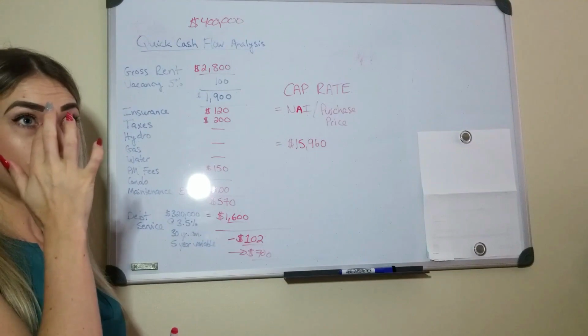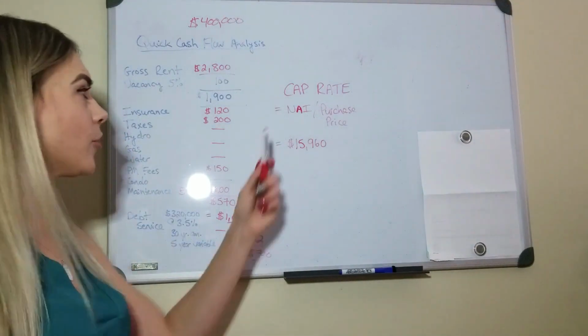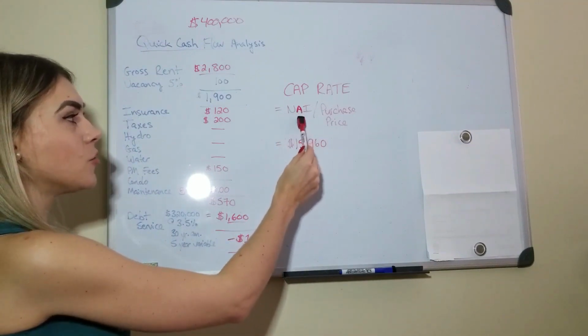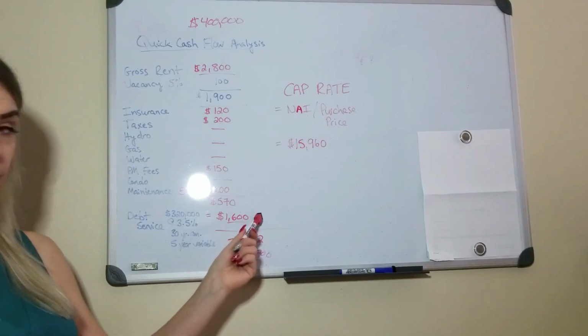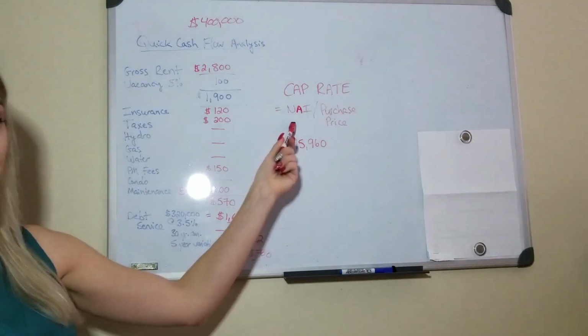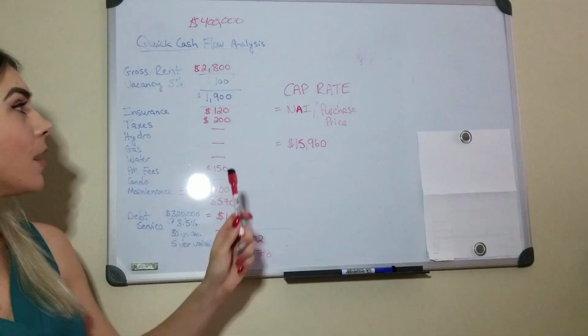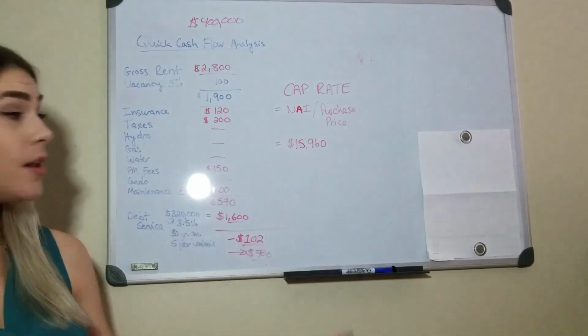This is basically taking the performance of the purchase price today against your net annual income. Now, your net annual income does not actually encompass your debt, so you have to be very, very careful. I rarely use cap rates because usually they're for prices of properties that were purchased many, many years ago.